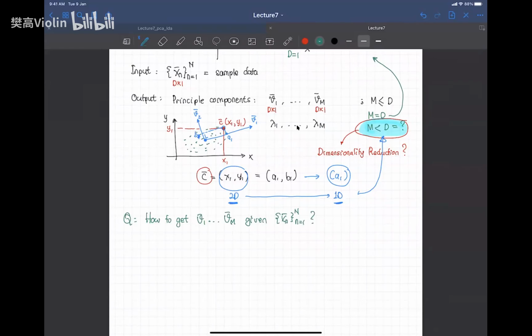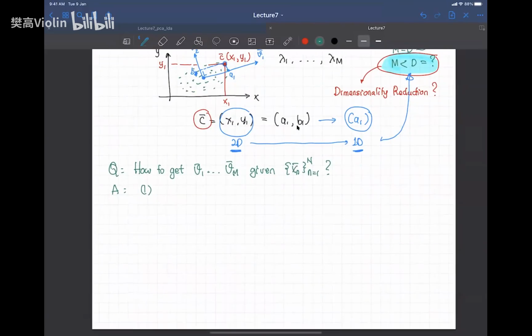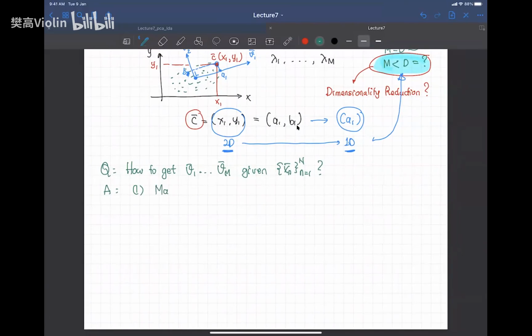There are two ways of getting to the answer, getting to the output. One is to maximize the variance. So we want to find V1, for example, to represent the direction that maximizes the variance.